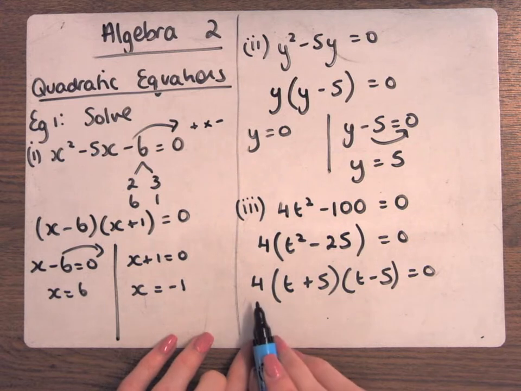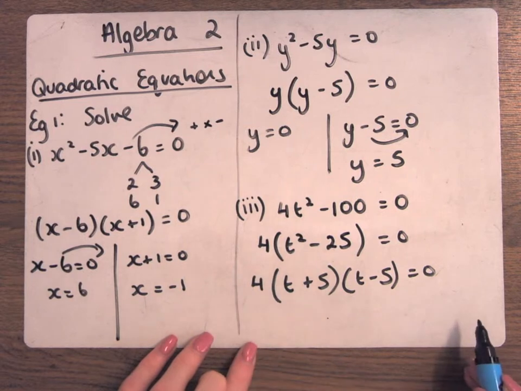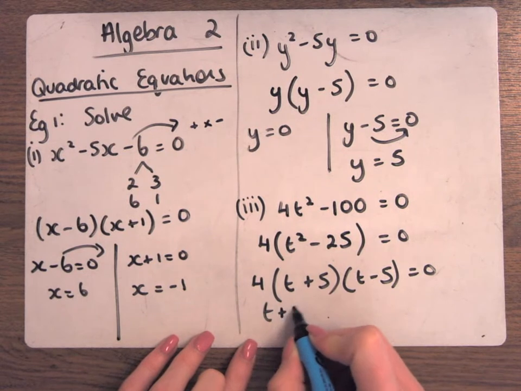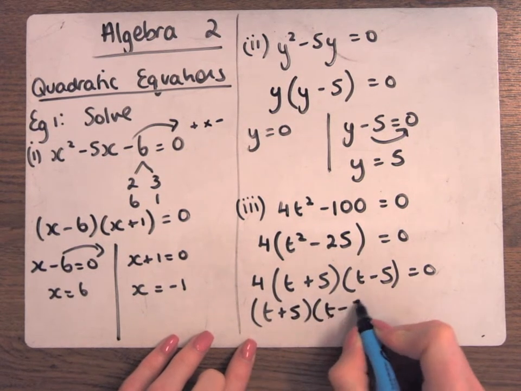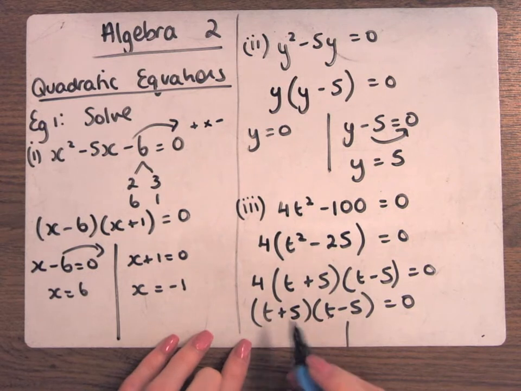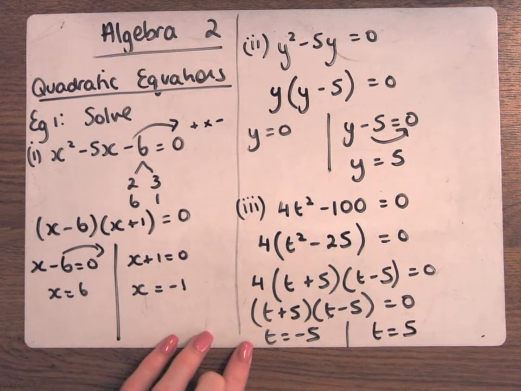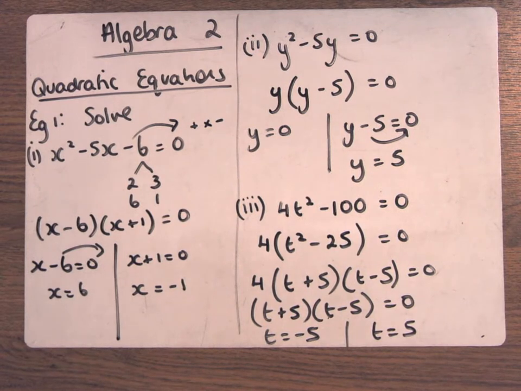Now, to get rid of that 4, you could bring it down, and 0 divided by 4 is still just 0. So you're left with t plus 5, t minus 5 equals 0. Split your page, put the first bracket equal to 0, and put the second bracket equal to 0. Okay?